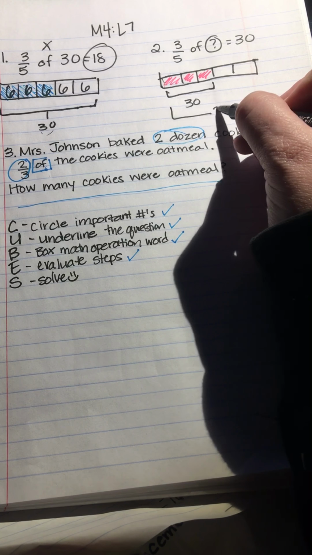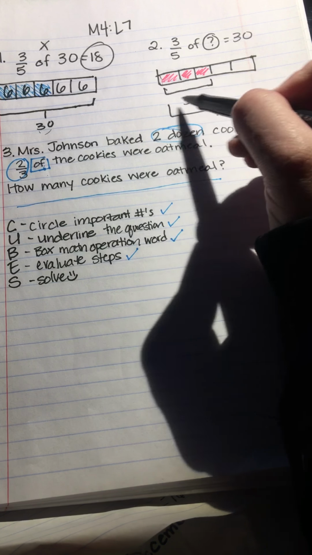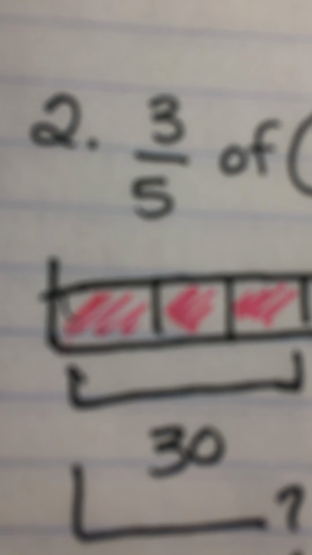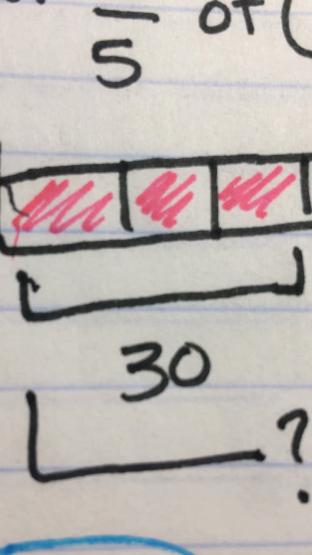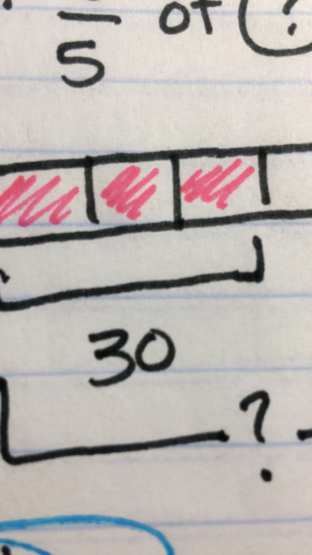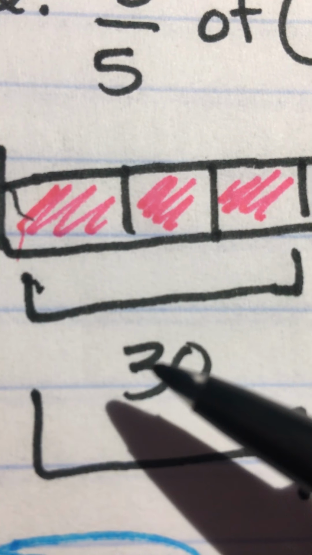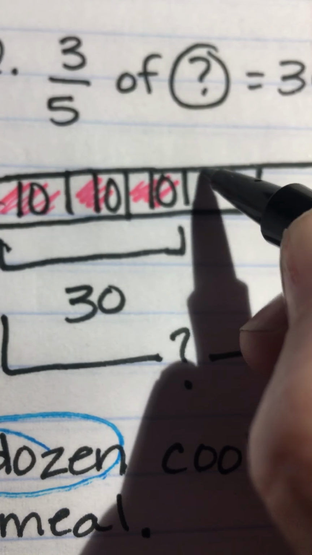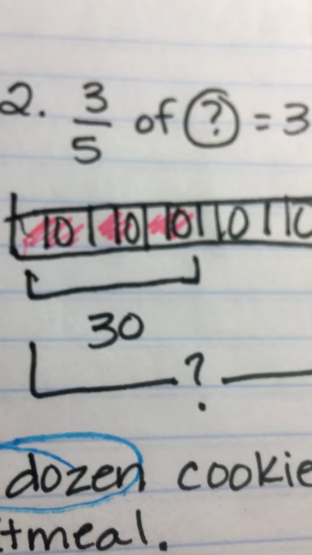We'd like to. But if I just look at this part and zoom in, let's see if I can do that visually really quick. I hope I don't mess up my whole video. If I just focus on this, that is 30, divided into 3 equal parts. And if I do that, my brain quickly goes, oh, well, that's 10. That's 10, and that's 10. That means this must be 10, and this must be 10.